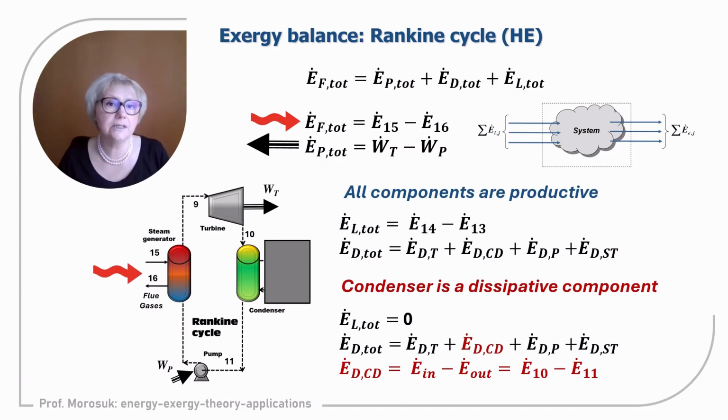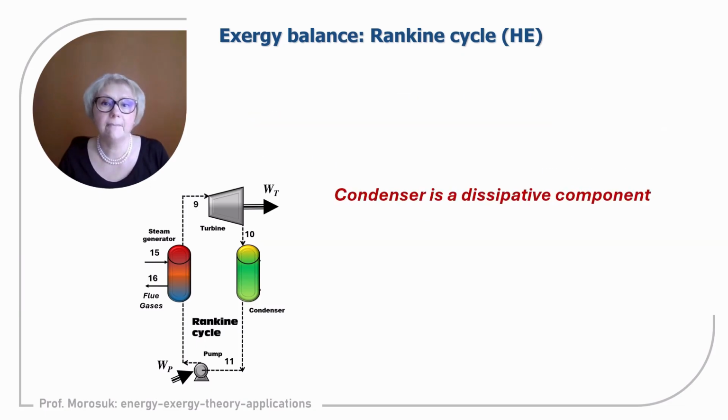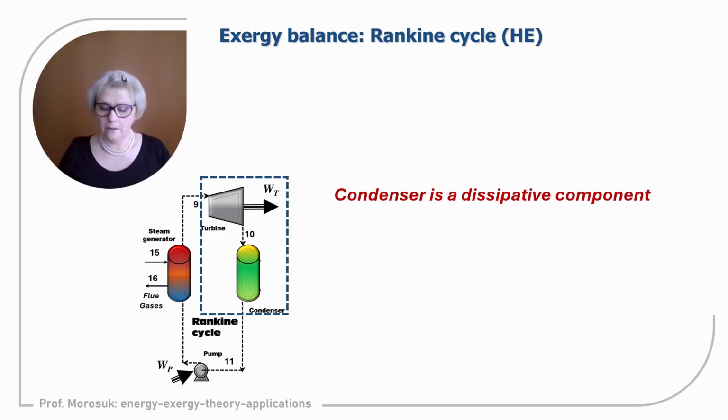But it is also very interesting that we can treat the condenser as a dissipative component, but differently. We can have a different kind of analysis, but also correct. We can put together in one evaluation, so with boundary conditions, we can put these boundary conditions simultaneously on a productive and a dissipative component.